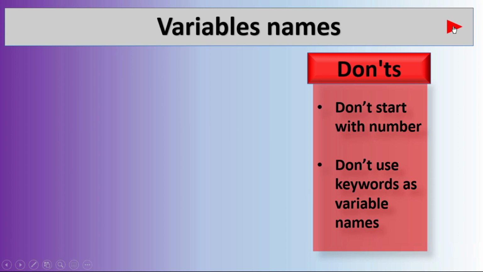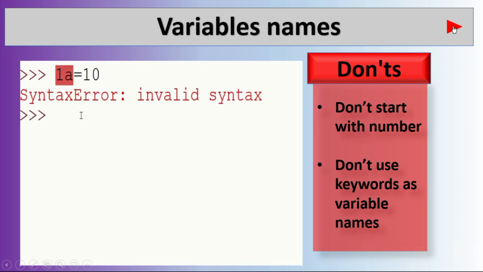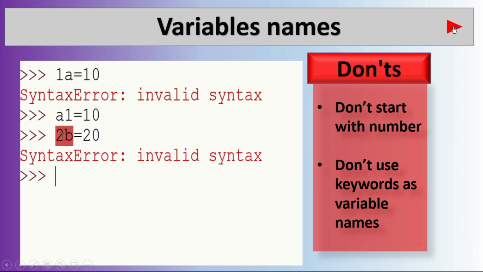And the second rule is don't use a keyword as a variable name. 1a equal to 10 is a syntax error because you are starting the variable with a number, that is wrong. a1 equal to 10 is correct. 1a equal to 10 is not correct. Similarly, 2b equal to 20 is a syntax error. b2 equal to 20 is good.